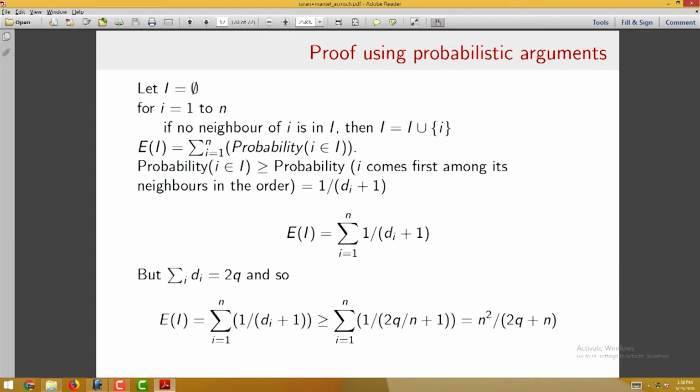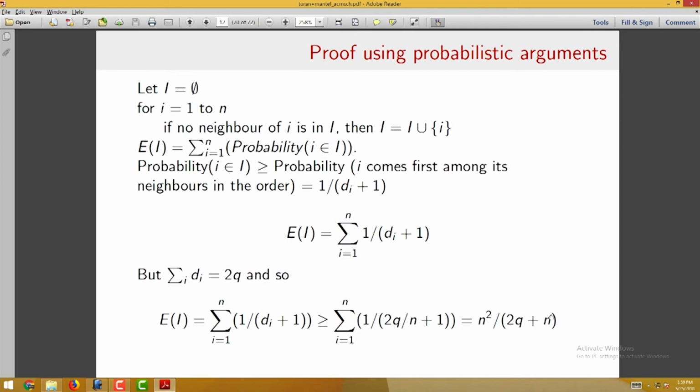We know that summation di is 2q. So 2q by n is the average degree, and this bound is smallest when all the degrees are equal to 2q by n. So the expected size of the independent set is at least summation 1 by 2q by n plus 1. If you simplify, it becomes n square by 2q plus n.